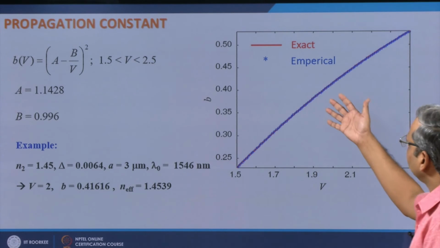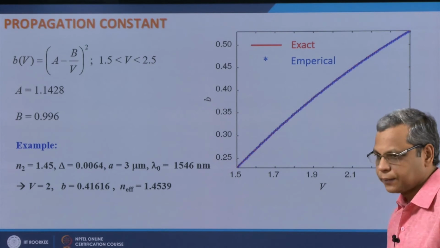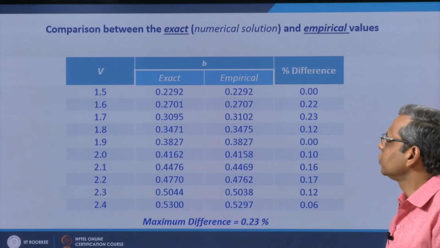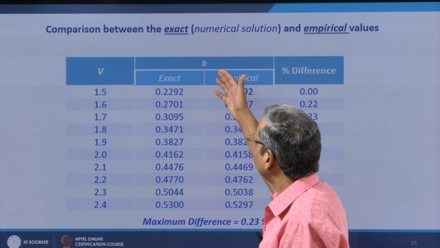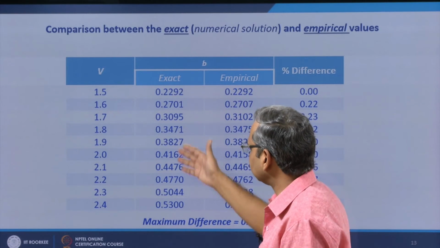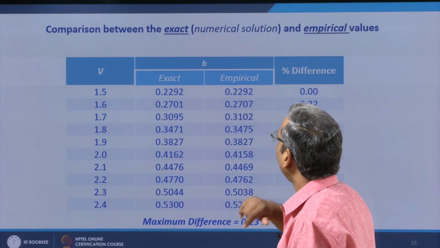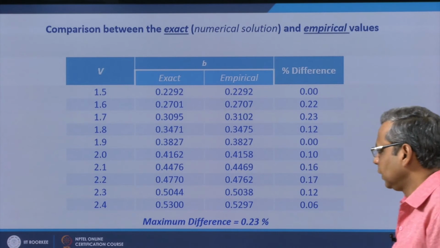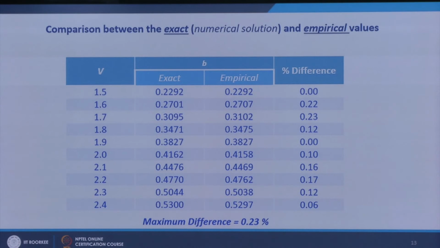Now, coming back to how accurate it is, I have tabulated the values of B obtained by solving the transcendental equation and by the empirical relation given in the previous slide, and I have looked at the percentage difference between the two.